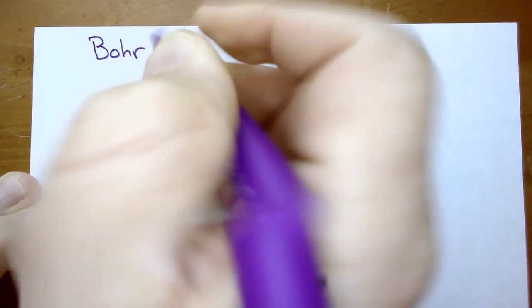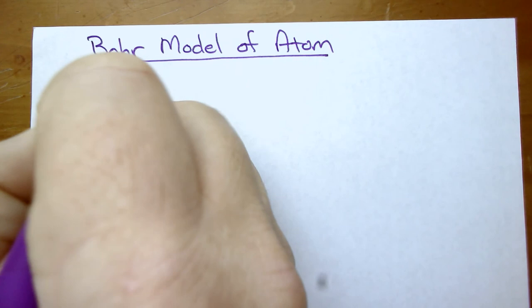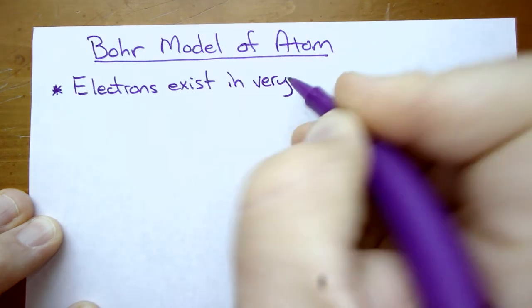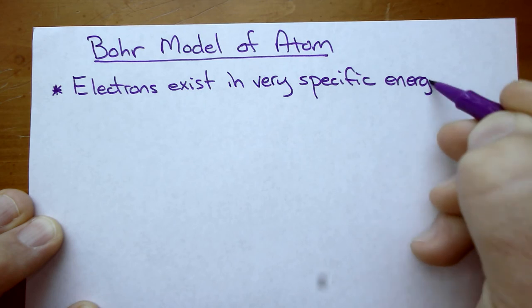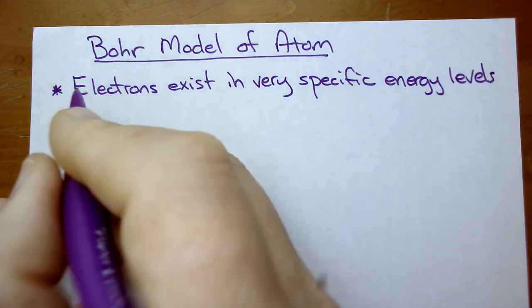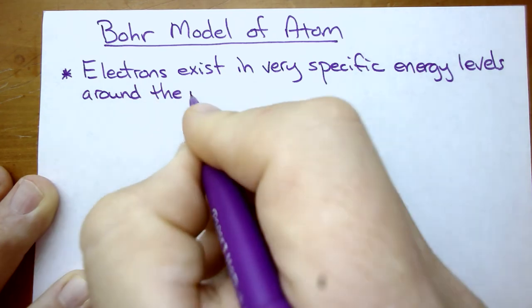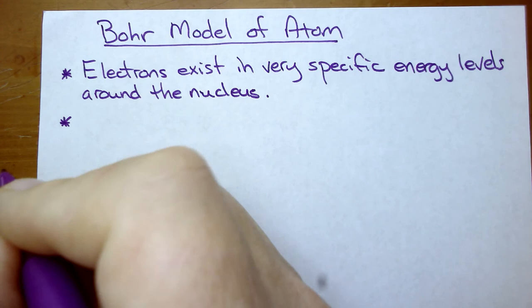With the Bohr model, what Bohr discussed was he figured out that electrons exist in very specific energy levels around the nucleus, and that these energy levels have a principal quantum number.